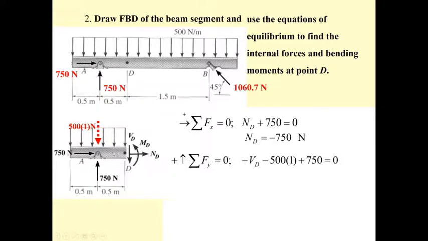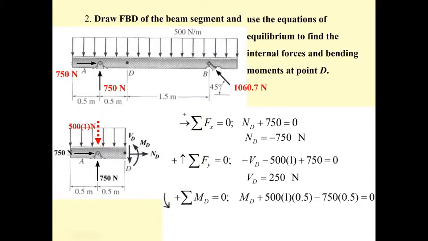When you cut this portion, the length of the beam is 1 meter, so the resultant is 500 times 1, downward, negative. And A sub y upward is positive. So we get V sub D of 250 Newton. That means the downward direction is the correct direction of V sub D.